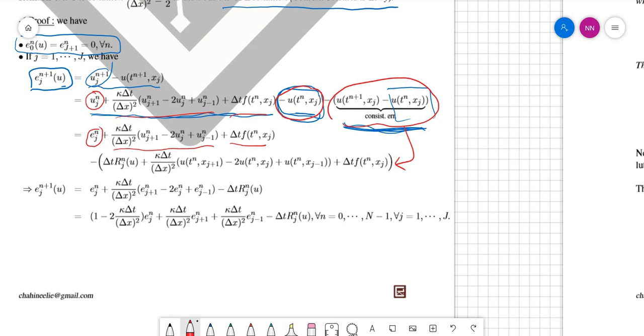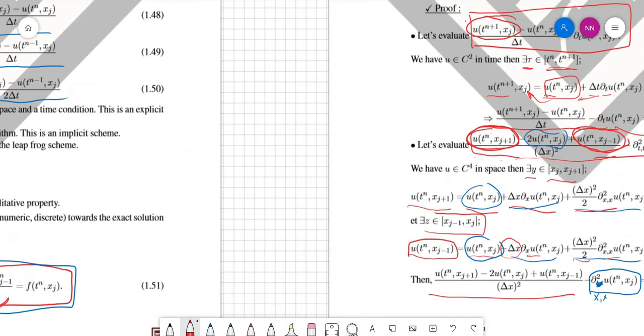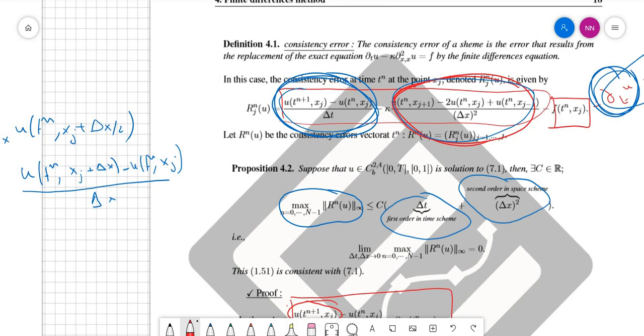This can be written as a function of the consistency error. I know I said before this is the consistency error in here, but I mean this can be written as a function of the consistency error. That will be like this. Okay, so again I go back to the consistency error so we can see what I mean by this. This is the expression of the consistency error. So if you want to isolate, let me clear things a bit in here.